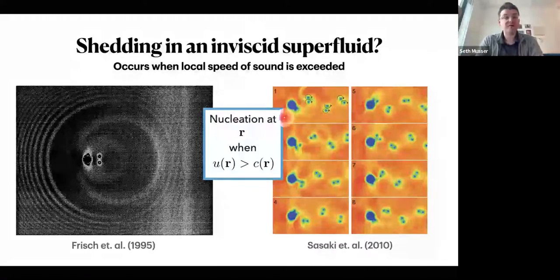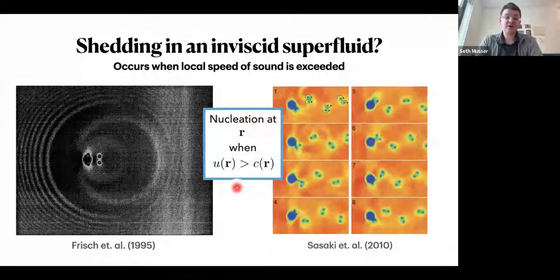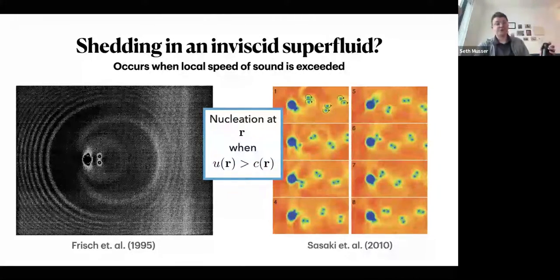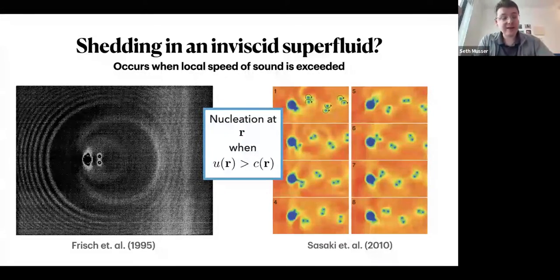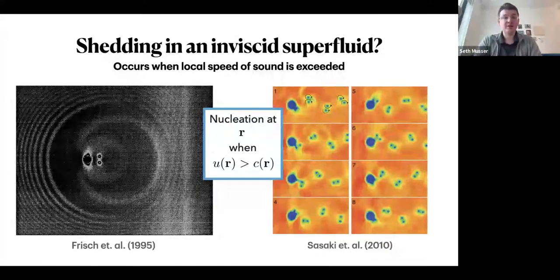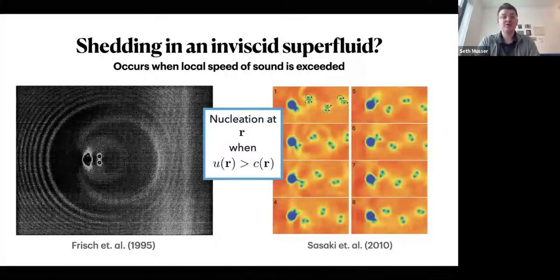Well, there's been a lot of numerical work which has shown that nucleation at a given point R can be expected to occur whenever the local speed at that point exceeds the local speed of sound in the superfluid. So in a fluid like air, this will lead to some shock formation. And you're actually able to see this in some passenger jets.